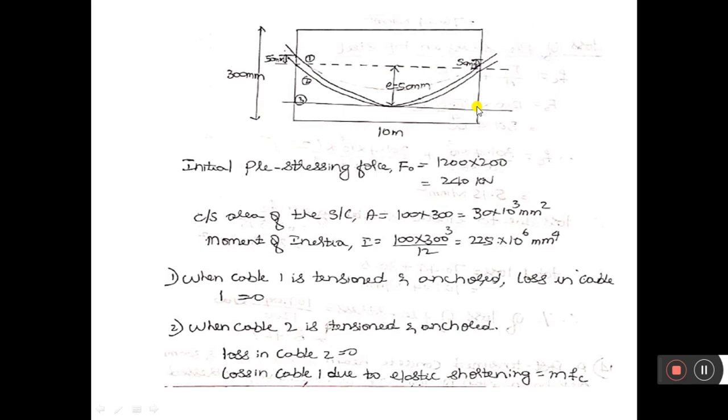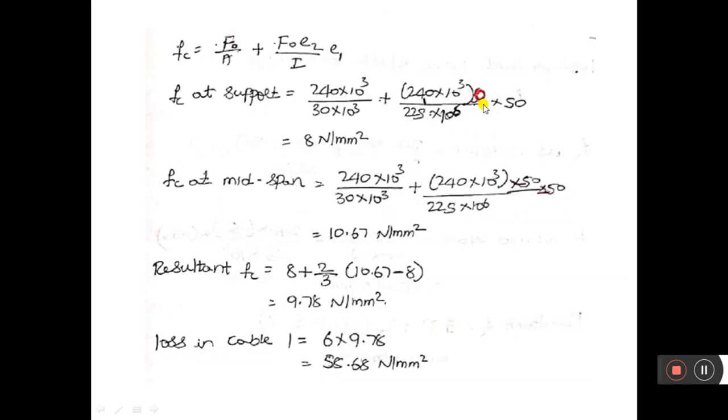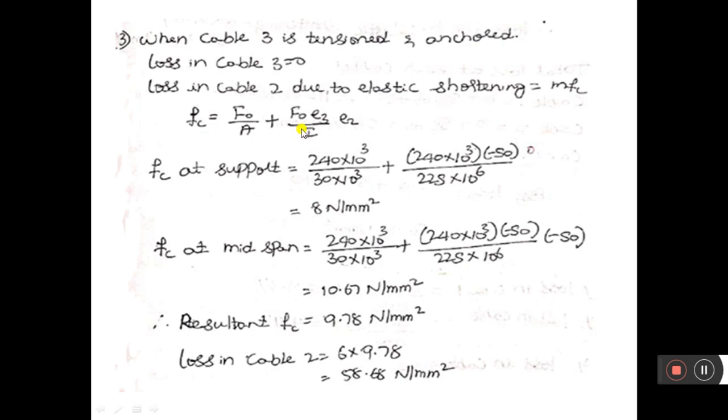So when I consider cable 3 and cable 2, here we have two eccentricities. Eccentricity of cable 2 at midspan is 50 and eccentricity of cable 3 at midspan is 50. The eccentricity of cable 2 at supports is 0 and eccentricity of cable 3 at supports is 50. Therefore E2 and E3 are 50, 50 at midspan, and here it is 0 and 50. So for loss in cable 2, let us consider Fc at the support.